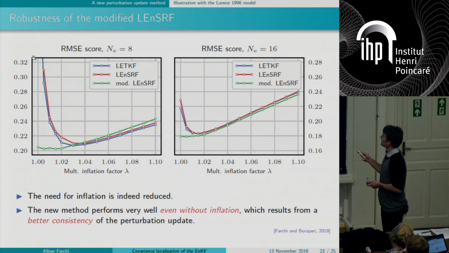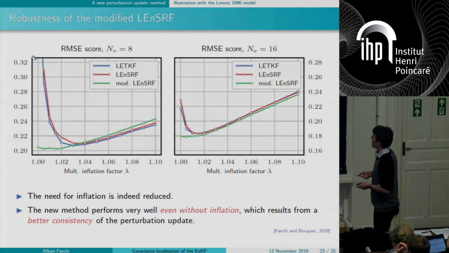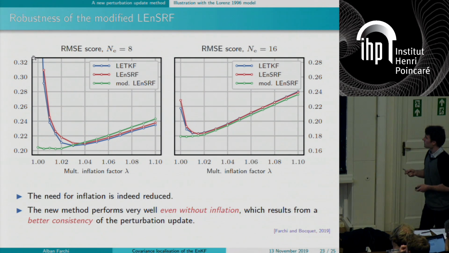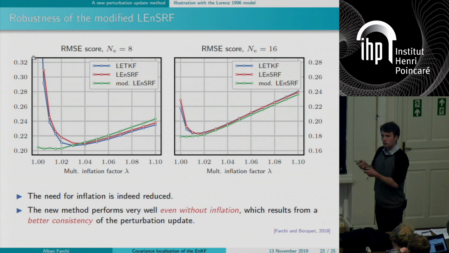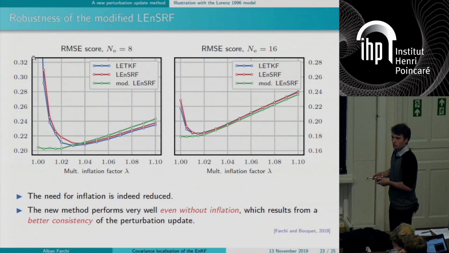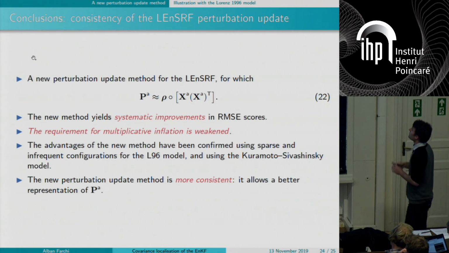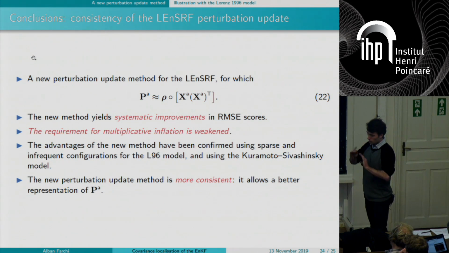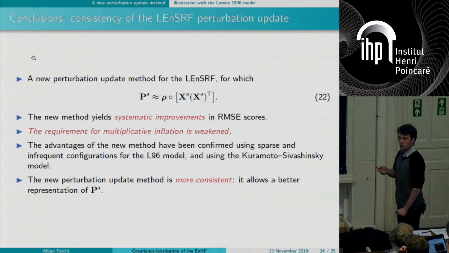You need less inflation, and you can even perform very well without inflation, in the case where the inflation factor is exactly 1. And we think thus that this performance results from a better consistency of the perturbation update. So indeed, we are able to better represent the analysis error covariance matrix using this new method. So to conclude about this second topic, we have defined a new perturbation update method for the local ensemble square root filter.